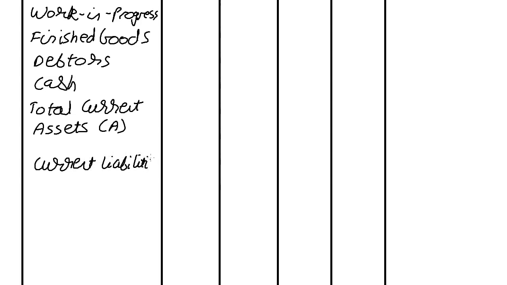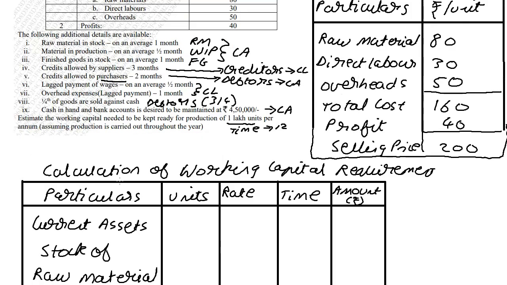And under current liabilities, we have creditors. Okay, and I'm going upstairs to check. We had two outstanding items. So we have outstanding overheads and wages. Okay, so outstanding wages, outstanding overheads.